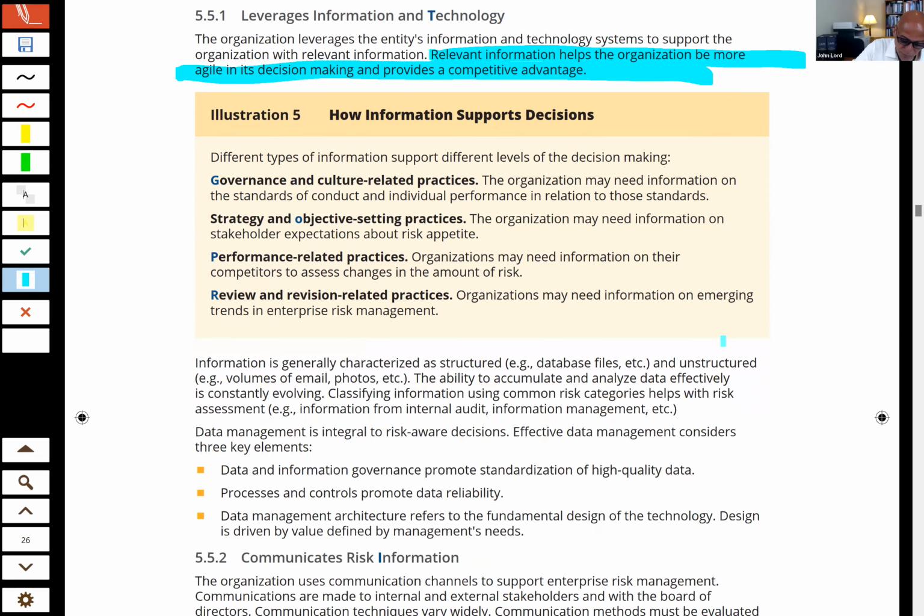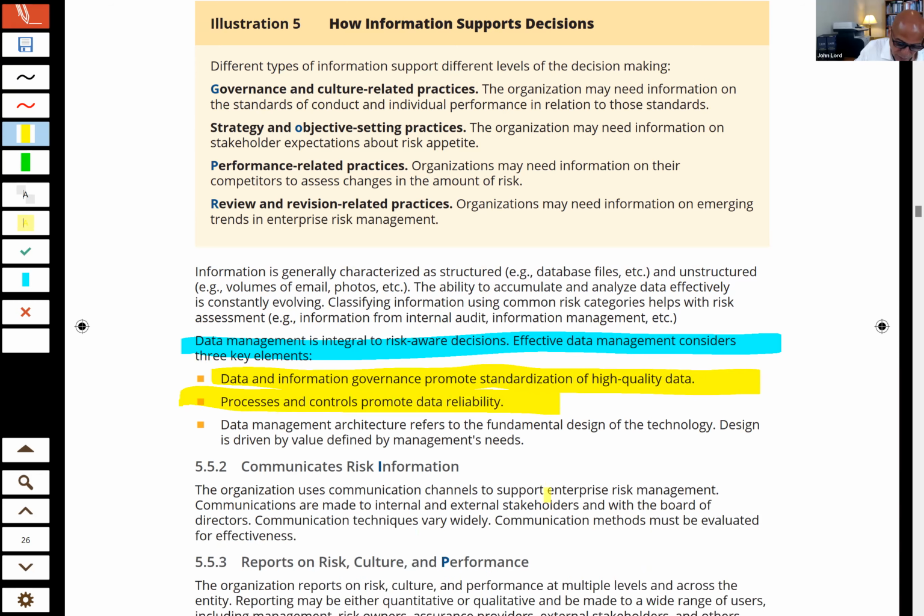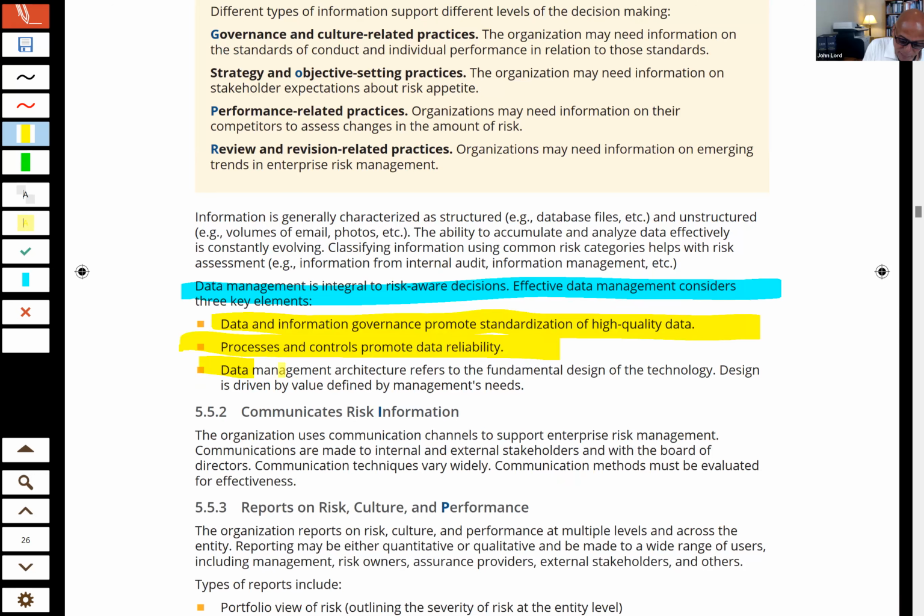Good data management is integral to the whole process. So you should have data and information governance, promote standardization of high quality data, process controls, data reliability. Data management architecture refers to the fundamental design, and design is driven by management's needs.